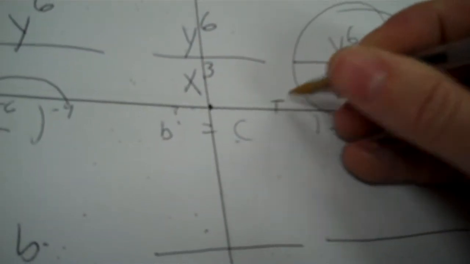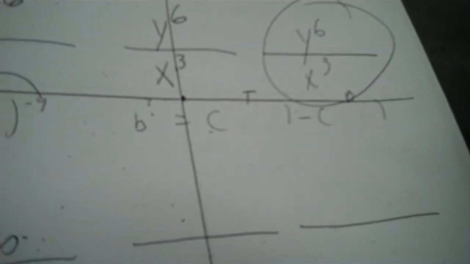A times B, you don't need to write B on the bottom because you already wrote it on top. Now if you had like an M on bottom, you'd write M on the bottom. So A, there's only one A, it's to the 2nd, but it's got to be distributed to the -4, so that's -8. Now there's 2 different B's, one on the numerator, one on the denominator, so I'm going to put B question mark equals top minus bottom.